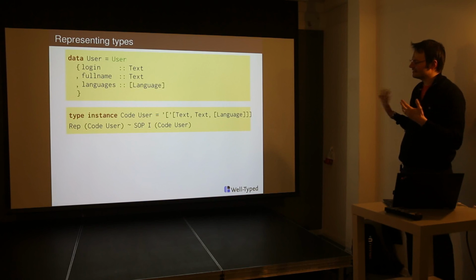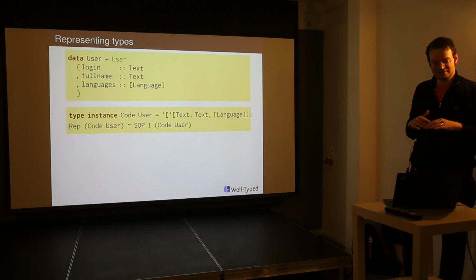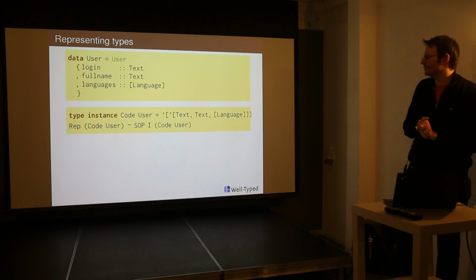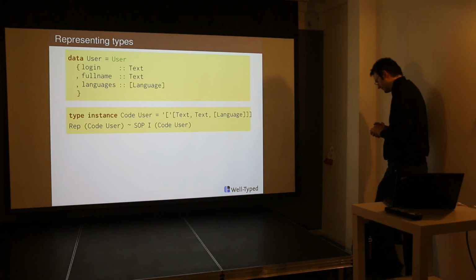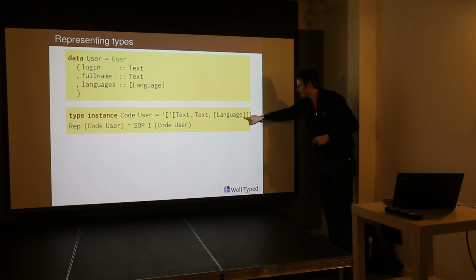Unfortunately, syntactically, Haskell becomes quite ugly on the type level because there are a lot of clashes and ambiguity, due to the way the Haskell syntax was designed back in the day when nobody was thinking about type-level programming. You can see one of the problems right here. This is the type list of language, right?